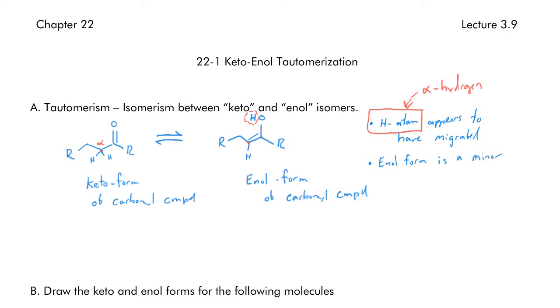Another feature is that the enol form is a minor component of any mixture you have with an enolizable carbonyl system. It's a very small quantity. It can be enhanced by addition of acids and different conditions, which we're going to learn about. But for now, the enol form is a very small component of the mixture.